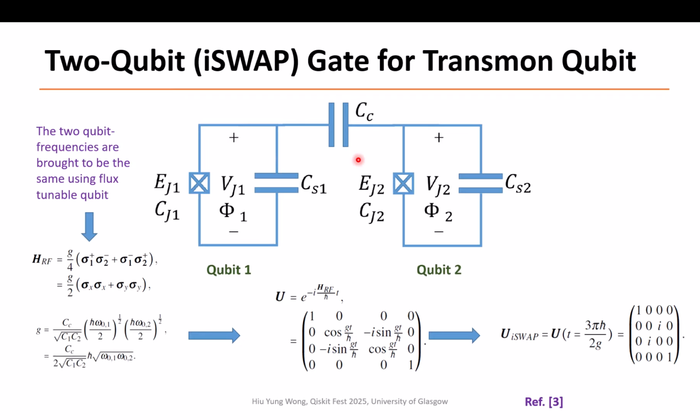And after a certain time, in this particular example, T equal to 2 pi h bar divided by 2g, you will form something called an iSWAP gate, which is an entanglement gate. So for example, when you come up with a CNOT gate in the circuit later and send it to the IBM hardware, it will compile it and decompose it into iSWAP gates. Okay, but for IBM quantum computers, they don't use the iSWAP gate.